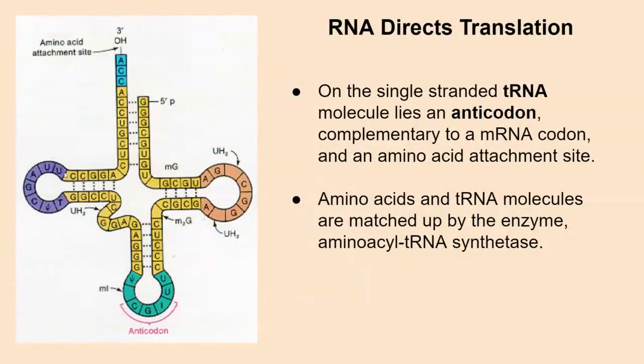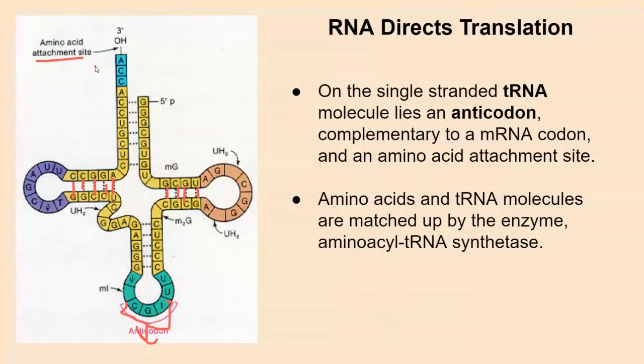They are a short clip of RNA, so they are made out of RNA, but they are shaped in this weird shape because of these hairpin loops. So it goes back and connects to itself quite a bit, and then it means that this bottom region is saved for the anticodon, and the top region is the amino acid attachment site.